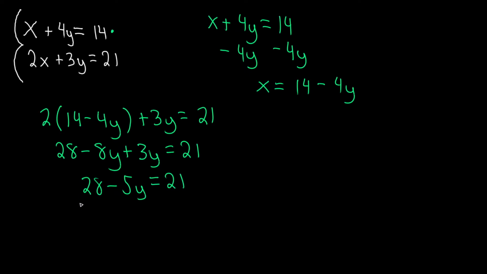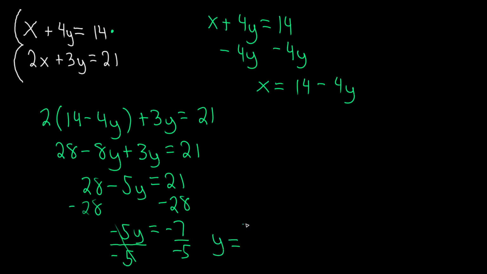Get our 5y alone. Subtract 28 from both sides. And we get negative 5y equals negative 7. Divide out the negative 5 to get y alone. And we're left with y equals 7/5.